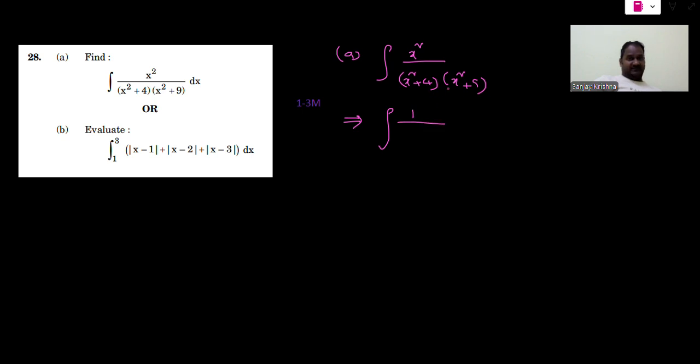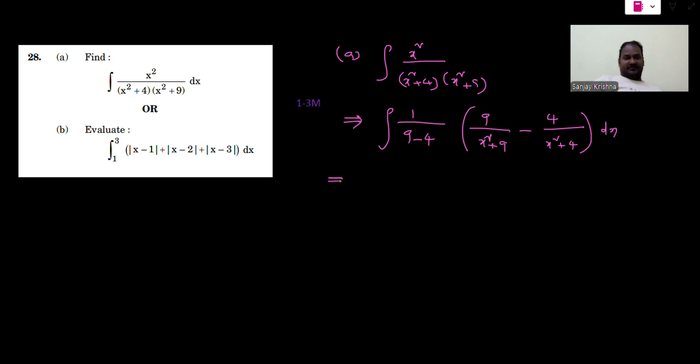What is the difference between 4 and 9? 9 minus 4, obviously that is 5, times, since x square plus 9 is obviously greater than x square plus 4, 9 divided by x square plus 9 minus 4 divided by x square plus 4 into dx. Please do follow this so that you get the answer easily.